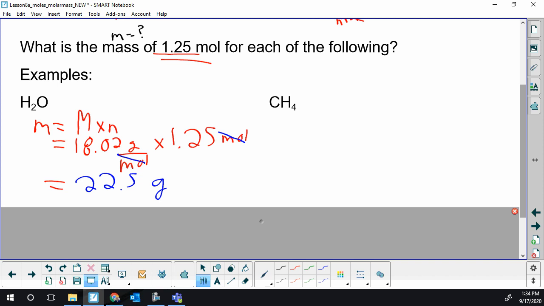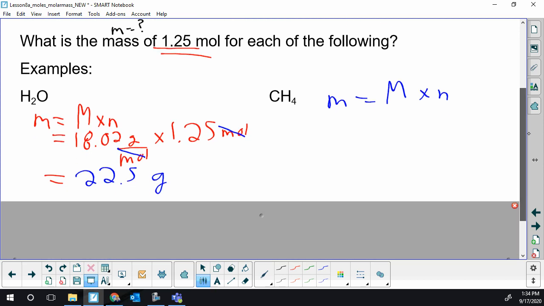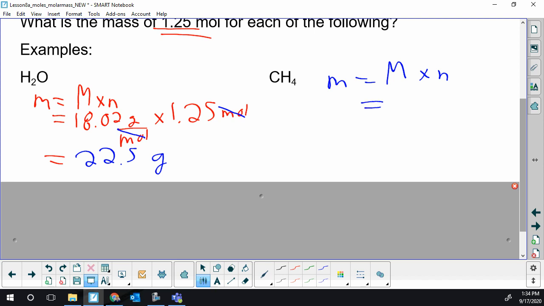I'm going to do 1 more, and then I'm going to have you do the bottom 2. Methane. We want the mass again, which is molar mass times moles. That's coming from my work I did up here in rearranging my formula. Okay. Methane has a different mass. 1 carbon and 4 H's was a little less than water. 16.05, I believe. Yes.